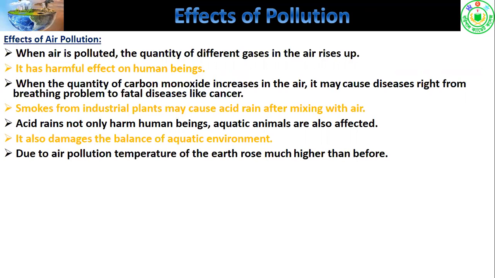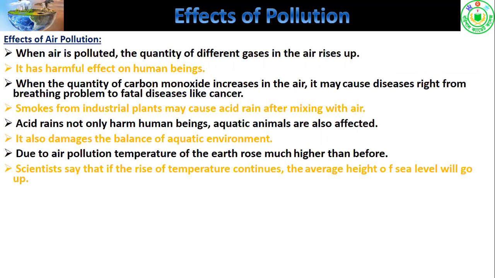Due to air pollution, the temperature of the earth rose much higher than before, and scientists say that if the rise of temperature continues, the average height of sea level will go up. And if the sea level goes up, the coastal areas or the countries which are near the sea area will get submerged.